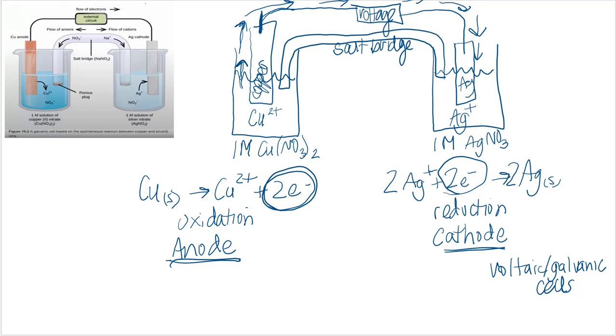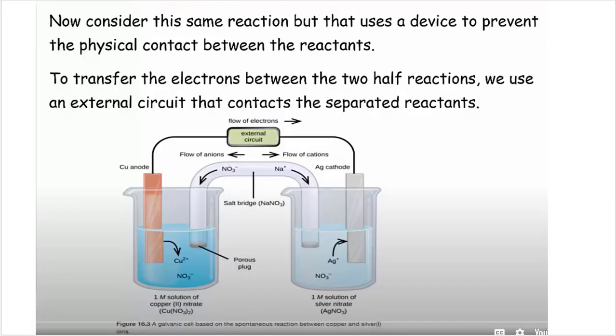By standard conditions. And so flipping back to this one that's nice and neat and pretty, here I have this external circuit. The electrons are being generated in the oxidation half cell, which is on the left here, right? This is our oxidation. This is our reduction.